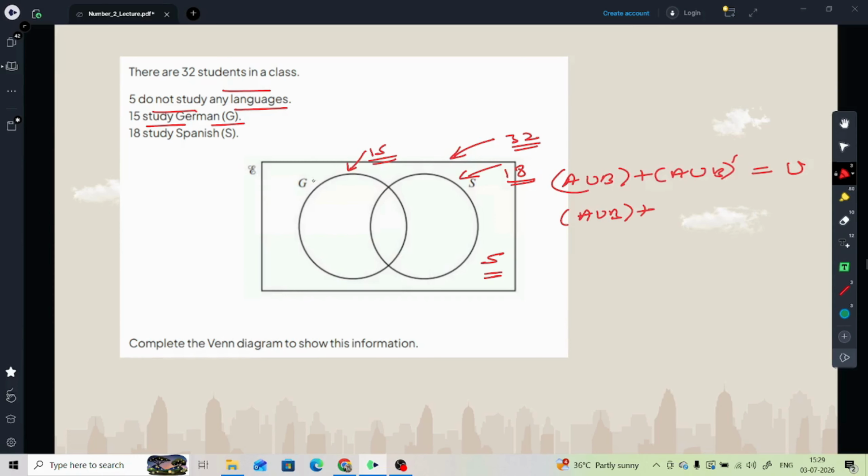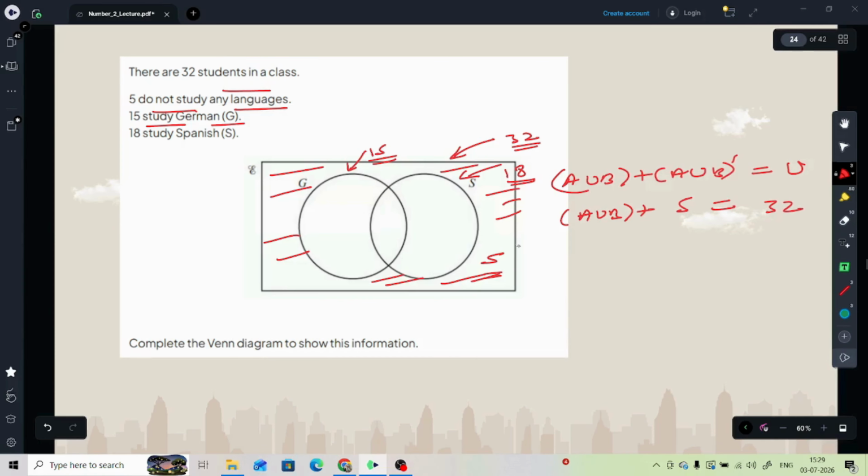A union B complement, this particular part you can see, and in that only this value is lying, 5. And in universal set there are 32 students, so 32. So A union B equals 27.